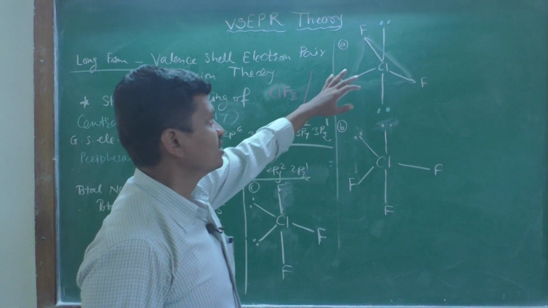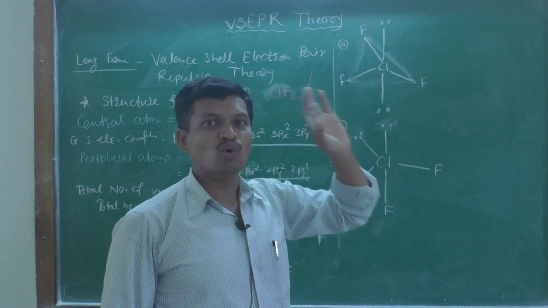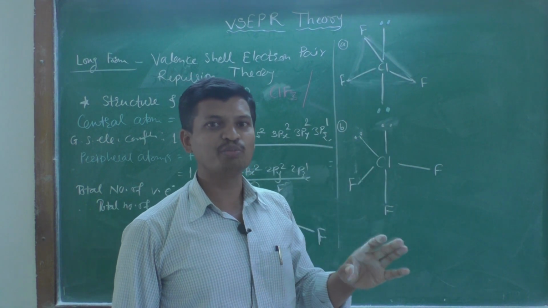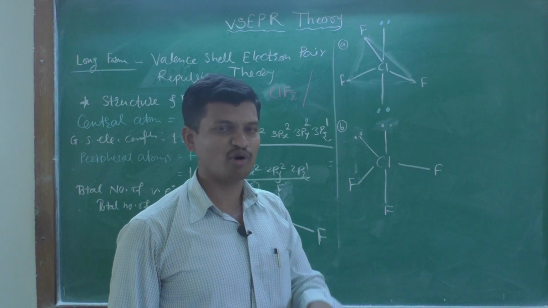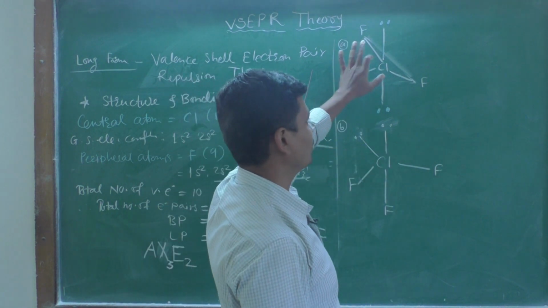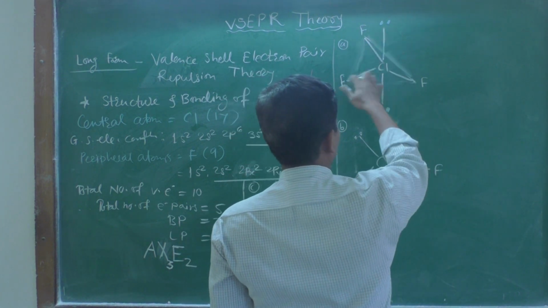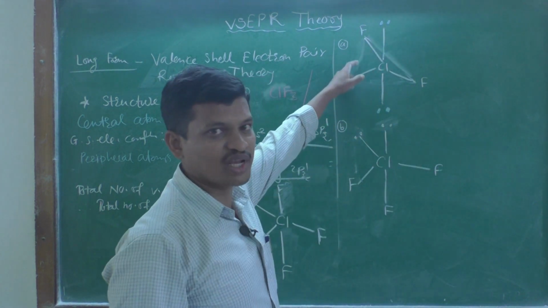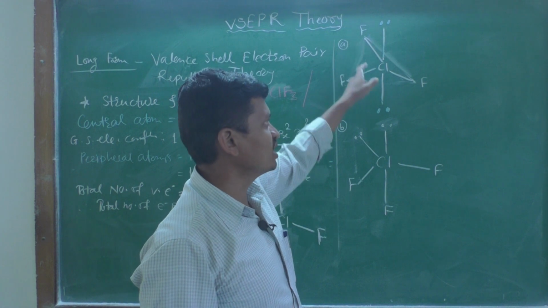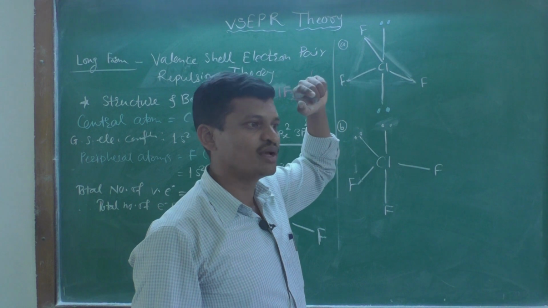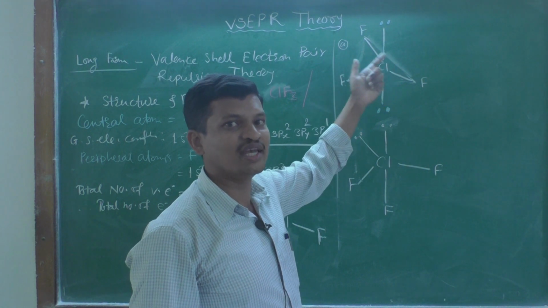Now here we know that lone pair-lone pair repulsion is maximum as compared to lone pair-bond pair, as compared to bond pair-bond pair. Here if we calculate the total repulsion between these two lone pairs and three bond pairs, the total repulsion will be very high. So the maximum repulsion will be experienced by the molecule, and hence it will require maximum energy and have less stability.